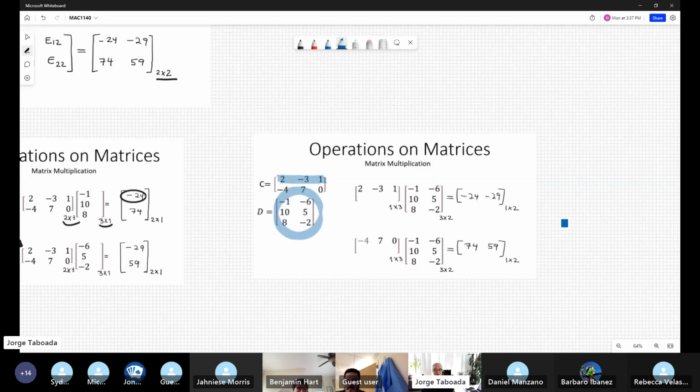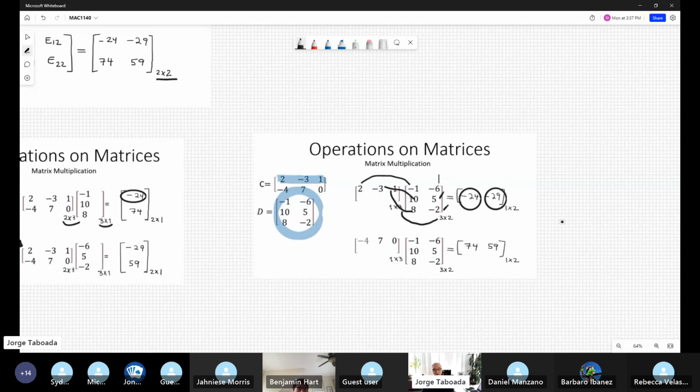This is 1 by 3, because we have 1 row and 3 columns, and this is 3 by 2. The dimensions match perfectly, and the new matrix is 1 by 2, only 1 row and 2 columns. The multiplication is simple: you multiply this times this, this times this, this times this, and you obtain this number. And the same with -6, 5, and -2, and you will obtain the other.